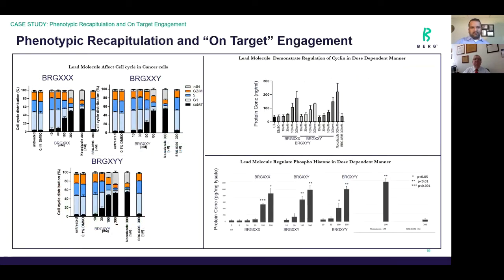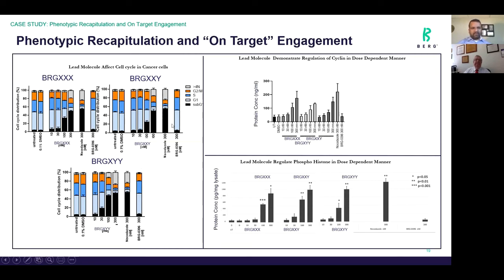So these are some additional data just to confirm the on-target engagement. As I said, one of the key functions of this protein was a role in cell cycle regulation, and we clearly see that with the molecules. So the molecule recapitulates the effects of the target, or the phenotype of the target. We see a G2 to M arrest, as I explained earlier. On the left, I'm showing some data there.